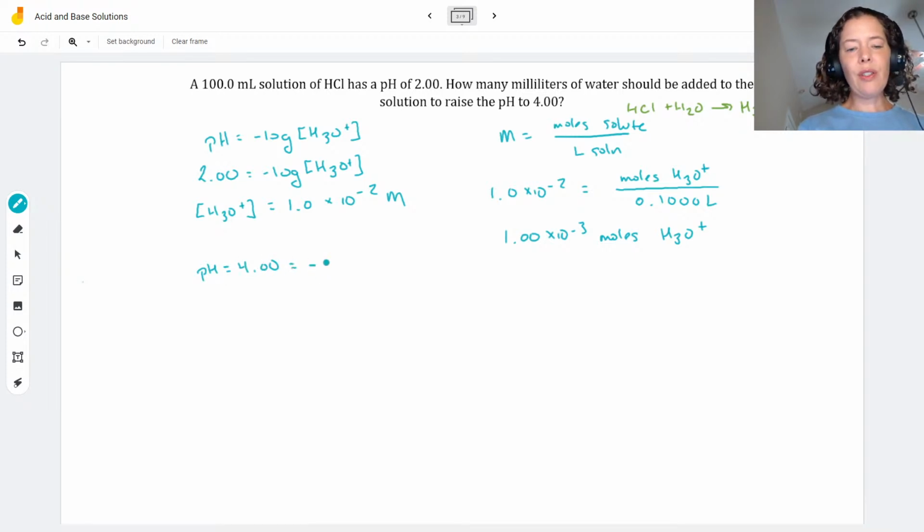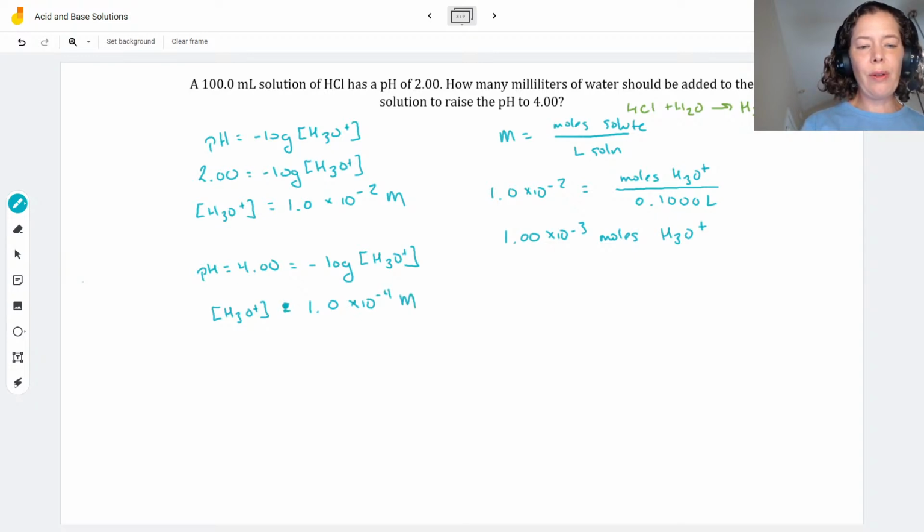And of course, this is also negative log of hydronium concentration, which means my hydronium concentration for my pH of 4 solution is 1.0 times 10 to the negative fourth.